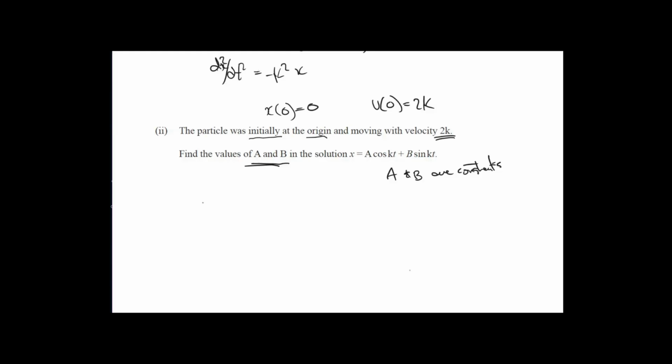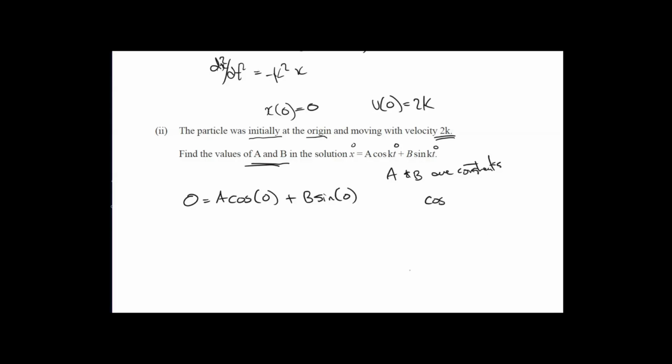We know that when t equals 0, x equals 0 as well. So if we let t be equal to 0 and x be equal to 0, we're going to have 0 equals a cosine of k times 0, which is 0, plus b sine of 0.